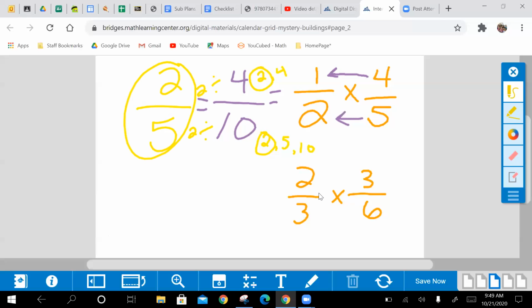With multiplying, it's a little bit more difficult to actually picture because your fractions are actually getting smaller. When you multiply fractions together, they get smaller. So when you see this multiply, you have to think of the word of. In this problem, we were trying to find 1/2 of 4/5.